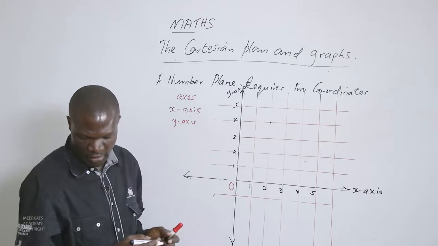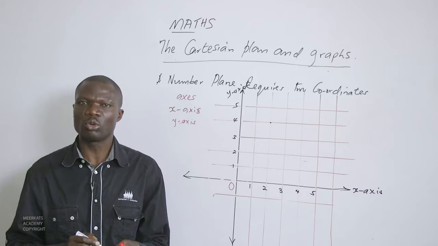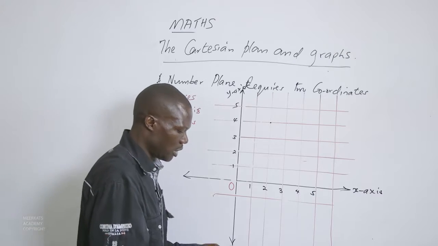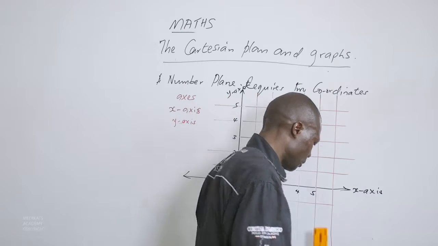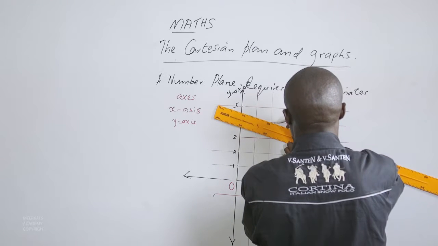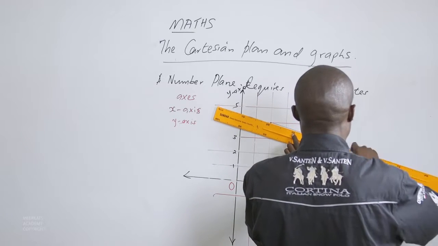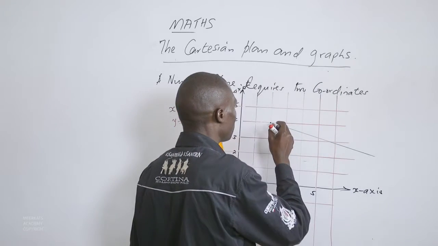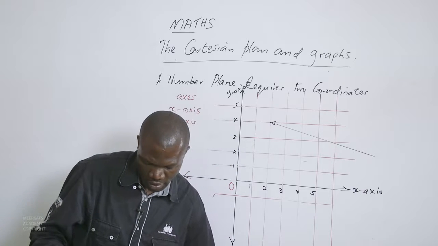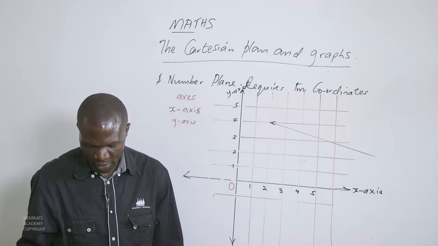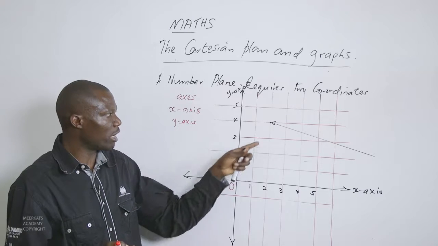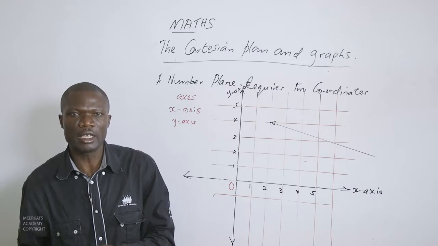The dot here represents what we call a coordinate.